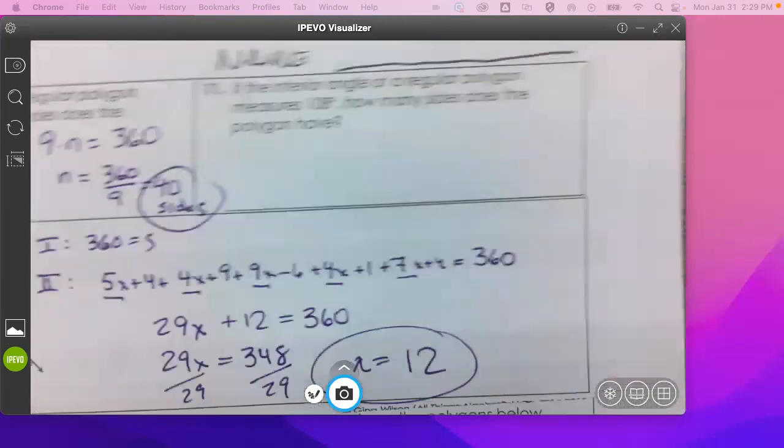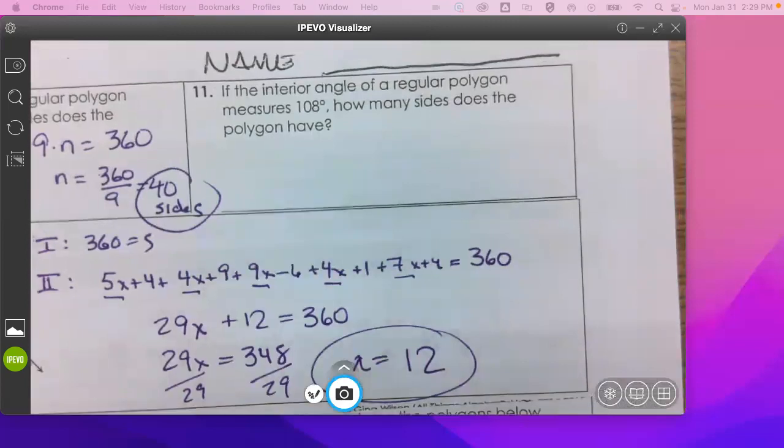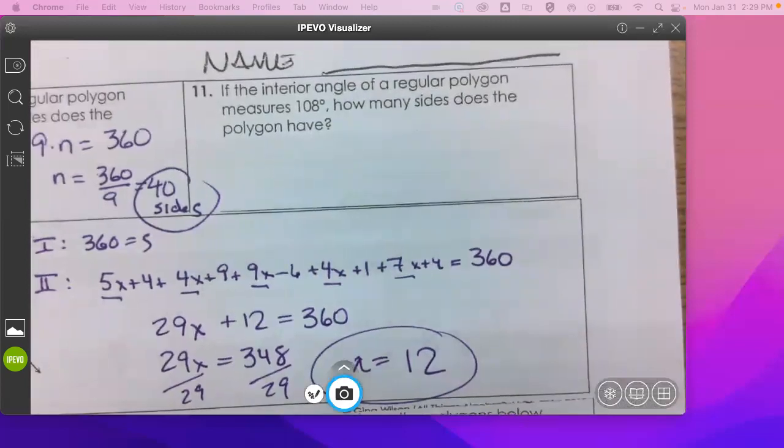Let's take a look at number 11. If the interior angle of a regular polygon measures 108, how many sides does that polygon have? Please take a moment and try to figure this one out yourself.